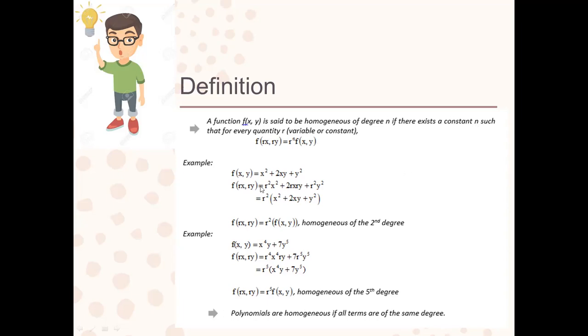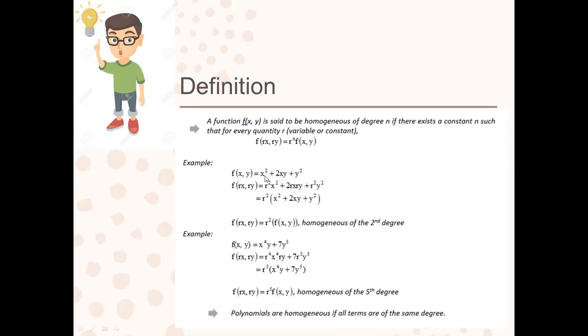Now, in this very simple example that you are seeing here, you're given a second degree polynomial. Why am I saying it's second degree? Because each of the terms in this polynomial is of second degree. Why do I say second degree?